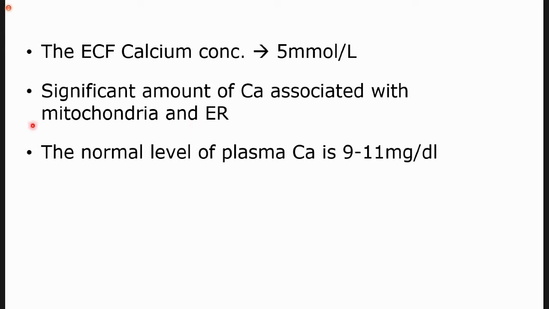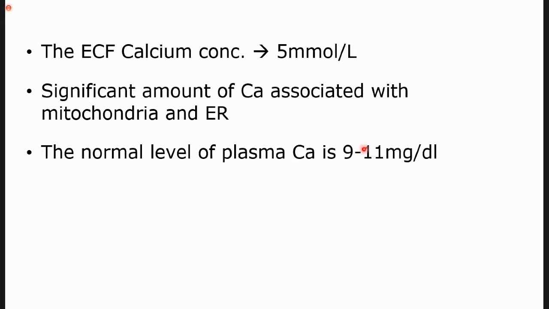You may see patients who are suffering from different disorders, maybe low vitamin D levels or low plasma calcium levels. You need to check their plasma calcium levels, and they should fall in a reference range from 9 to 11 milligrams per dl. Now, calcium balance. Calcium balance is essential.